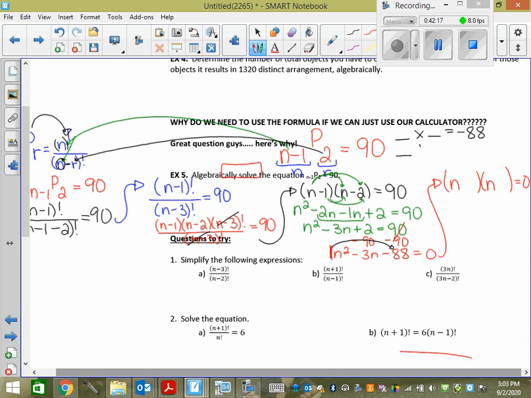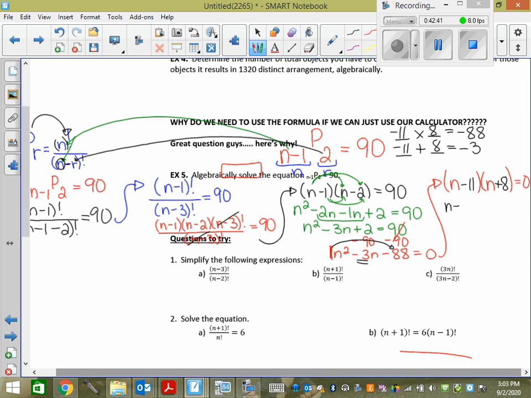And what plus what equals the inside, minus 3. So multiplies to be negative 88 and adds to negative 3. Yes, negative 11 and positive 8. So now I can go n minus 11, n plus 8. And then I can solve them each separately.